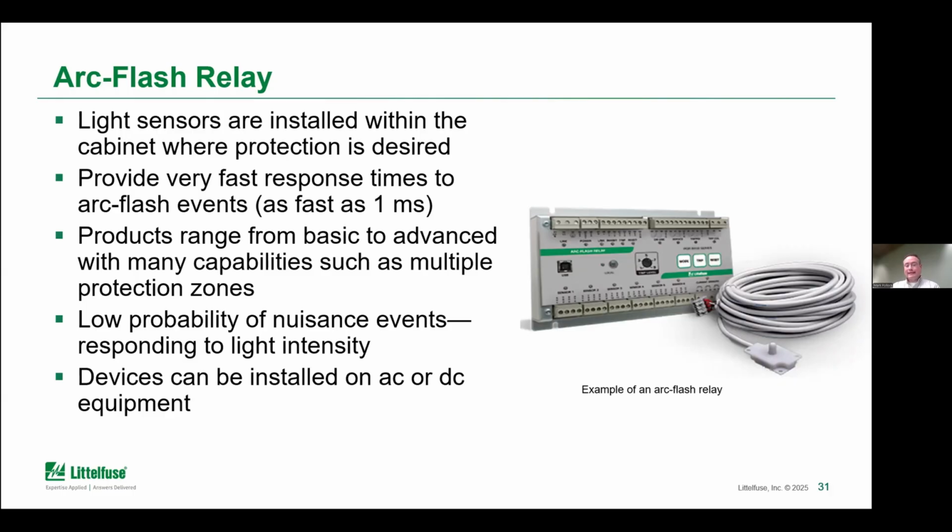Now, I mentioned that one thing with arc flash events is that because they're based on light, if there's high intensity flashlights or other high intensity light sources that are shone inside a cabinet, that can potentially be something that could trigger the relay and trigger a trip event. So if that is a concern, a lot of relays on the market offer the ability to pair a current measurement.